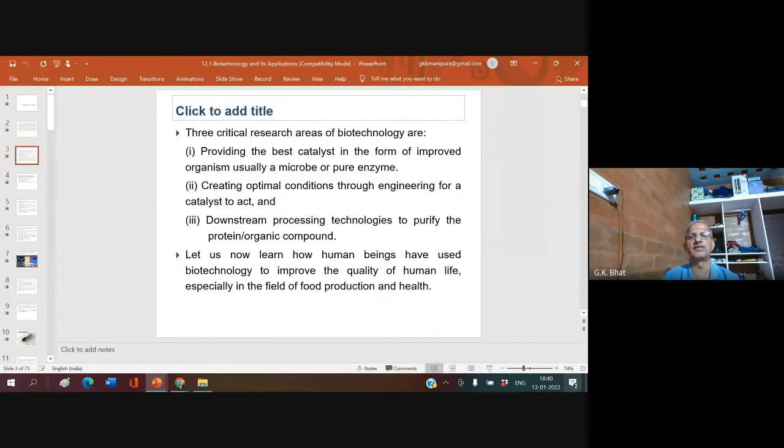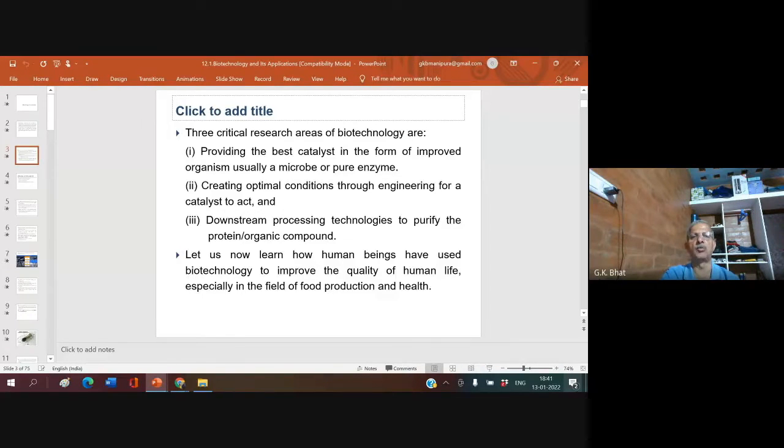Three critical research areas of biotechnology are very important. One, providing the best catalyst in the form of an improved organism, usually a microbe, or pure enzyme. Two, creating optimal conditions through engineering for a catalyst to act. Three, downstream processing technology to purify the protein or organic compound.